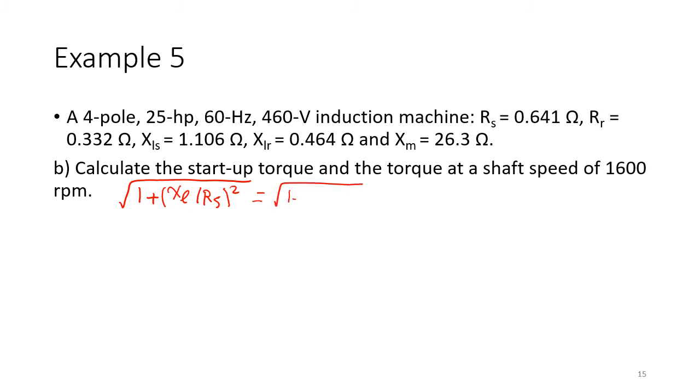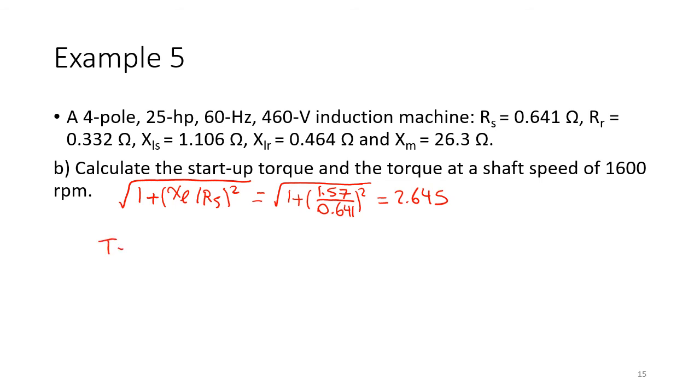So it will be 1 plus 1.57 over 0.641 square. It will be equal to 2.645.